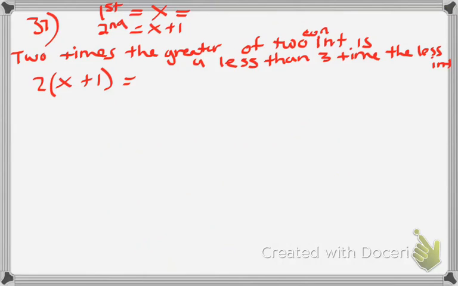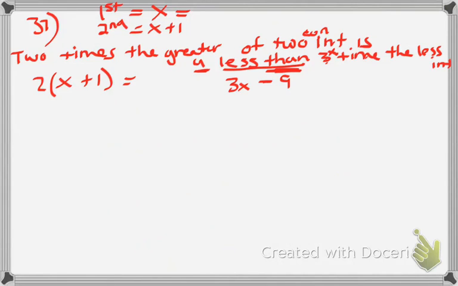Okay, so less than means minus. I've got the 9 on this side, and I've got 3 times the lesser integer. The lesser integer is x. So this would really be 3x. But because this says than, this is what I call a backward word. So it's really going to be 3x minus 9. So that's the second part.